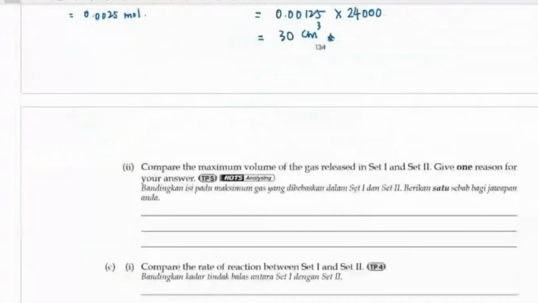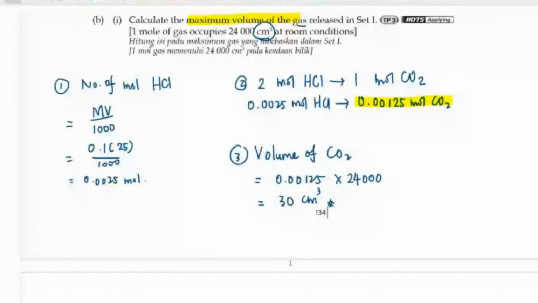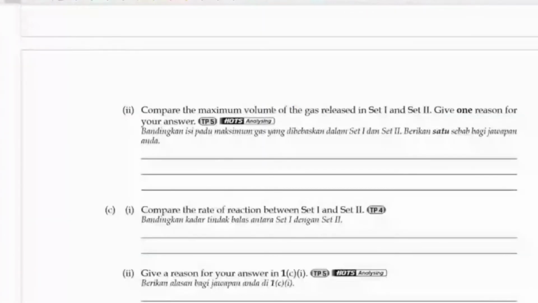Now we look into number 2: compare the maximum volume of gas released in set 1 and set 2. Give one reason for your answer. We calculated set 1, which is 30. Then how about set 2? What do you think, class? Is it the same or different volume?